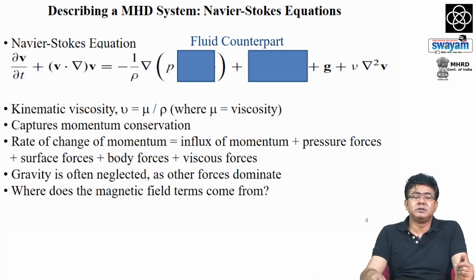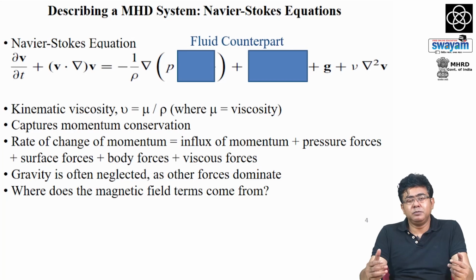The balance of this is determined by various kinds of forces such as pressure forces, forces acting on the surface, and body forces which act throughout the volume. Body forces are typically large scale forces like gravity or the Coriolis force, and then finally the viscous force, which is really a dissipative force in the sense that it tries to destroy motion.